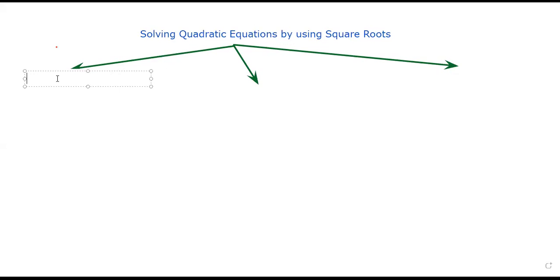No, two solutions. Okay, so sometimes we will find two solutions. And another time we will find one solution. And another time we will say no real solution. Okay, so first two solutions, one solution, no real solutions.